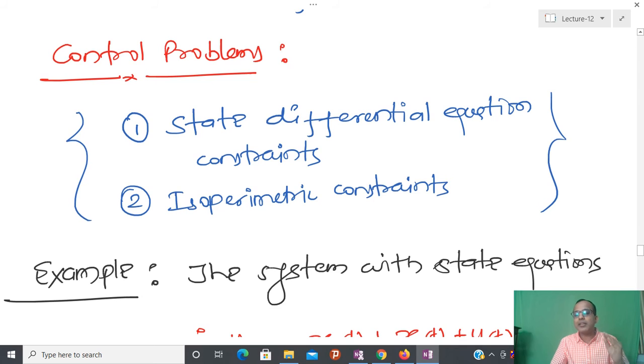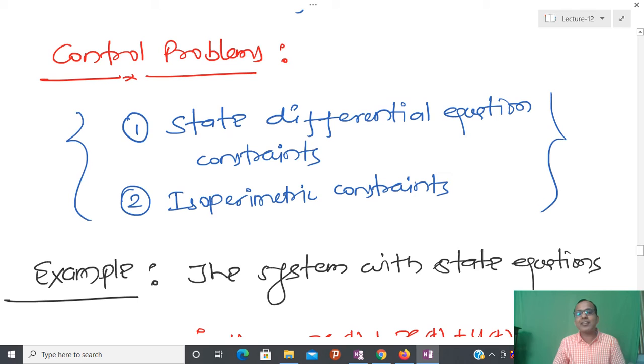Another important thing, I have control input, and the control input is going to generate some kind of trajectory, and that trajectory is basically constrained by the differential equation. At the same time I have to optimize the control input.